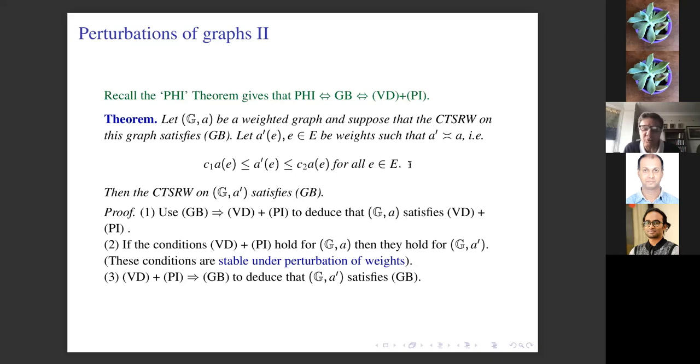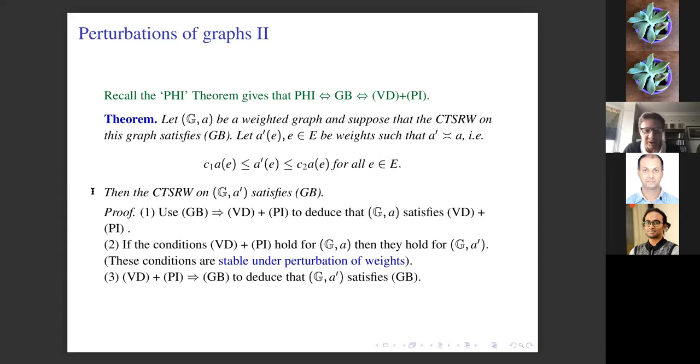Coupling works well if you've got two processes with the same mechanics of transition starting in different places. But if you've got different transition mechanics, then even if you get them to go together again, they're going to wander off. So I don't think any coupling argument is going to handle a problem of this kind. But the analytic methods that I've described do handle this random walk quite easily.